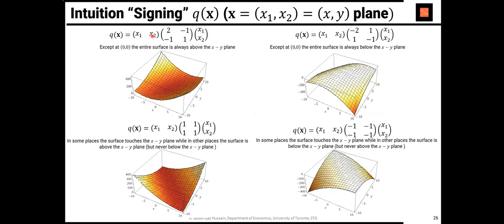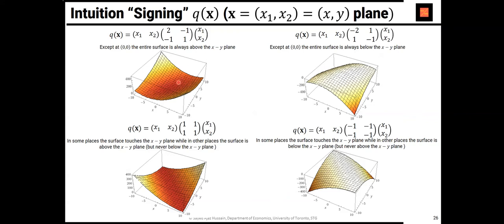Because if x1 is 0 and x2 is 0, everything becomes 0. Except at the point 0, 0, at any other choice of x1, x2, it doesn't matter whether in the first, second, third, or fourth quadrant, the value of this expression will always be positive. And that means the surface is always floating above the xy plane.